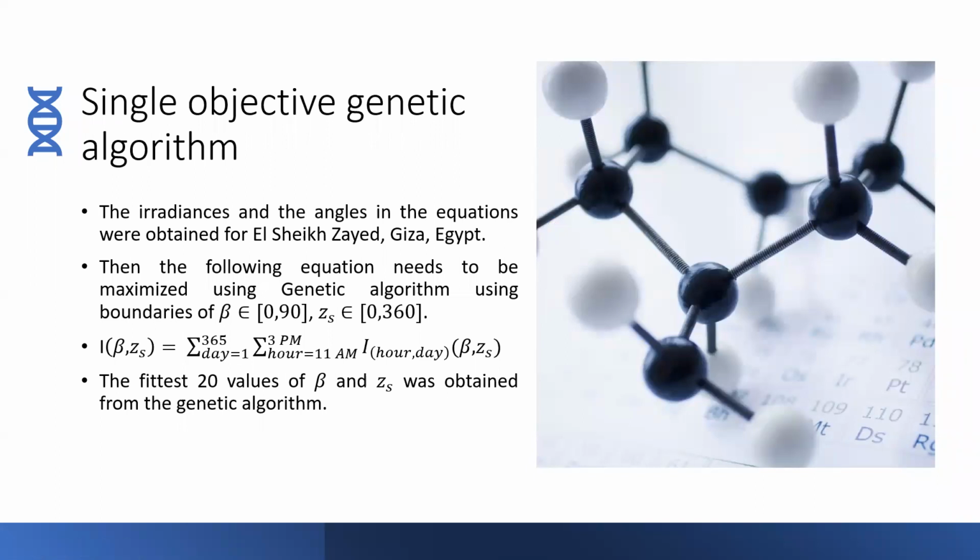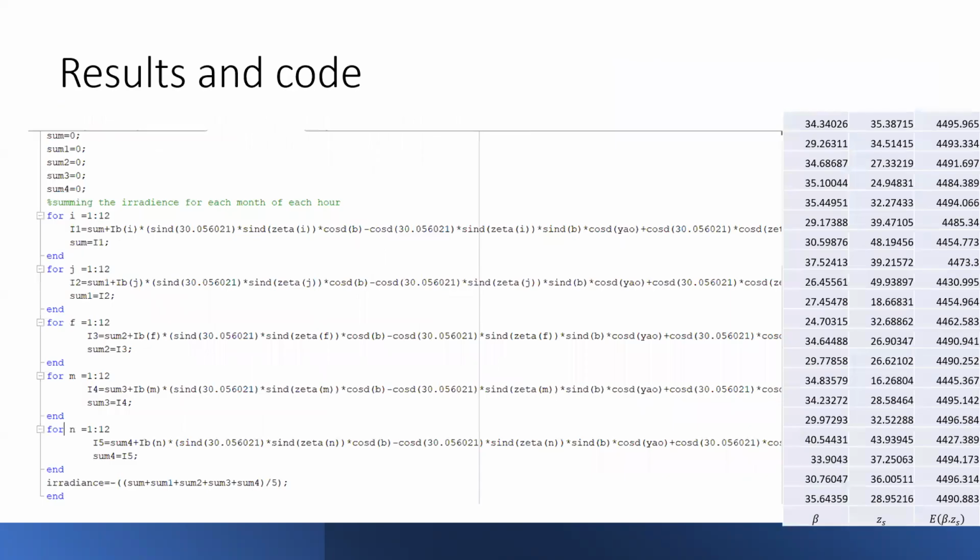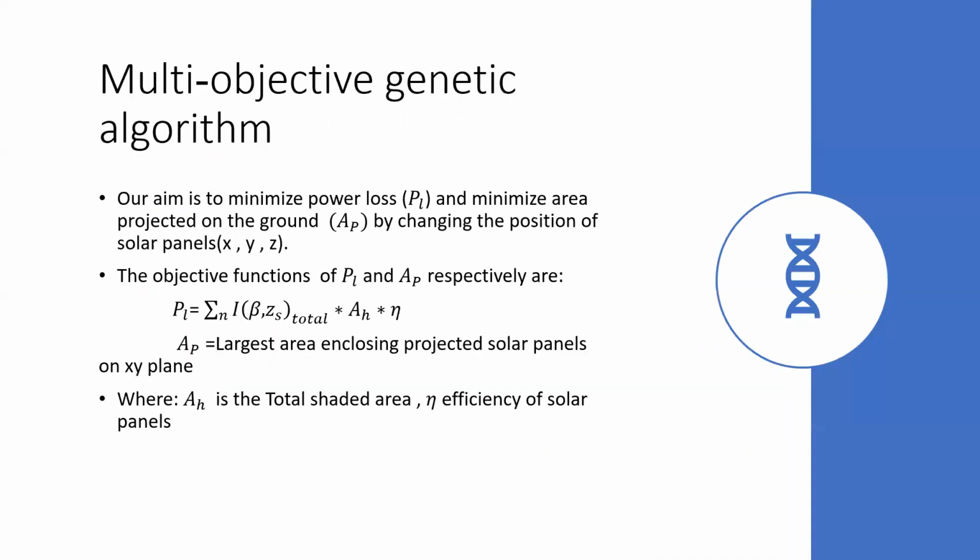We then choose the best 20 values of tilt angle and surface azimuth angle, which give the maximum irradiance on the solar panel. Here is our code, and this table represents the best values for the angles.